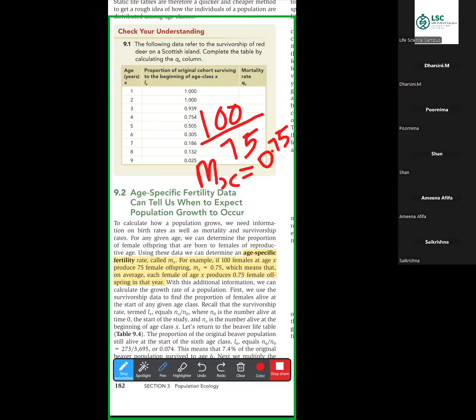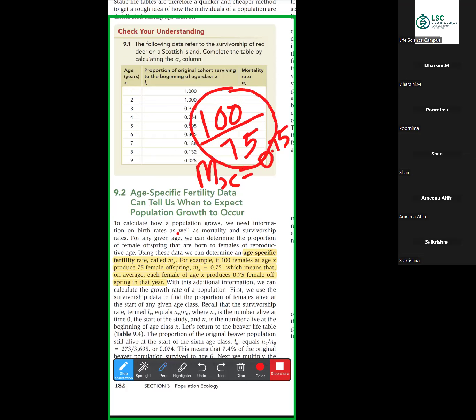So if these data are available, we can calculate the mx value. So mx is given by the number of female offsprings produced divided by the number of female individuals present in that particular age class. Is it clear?